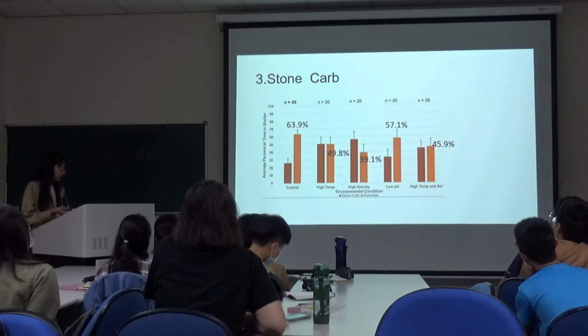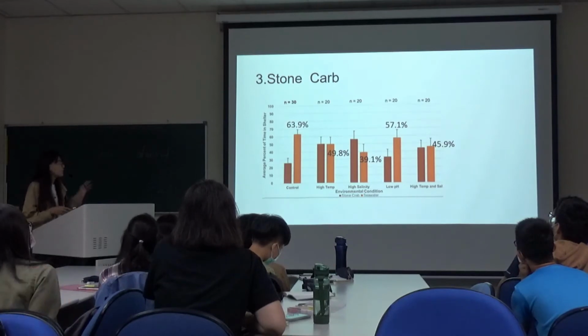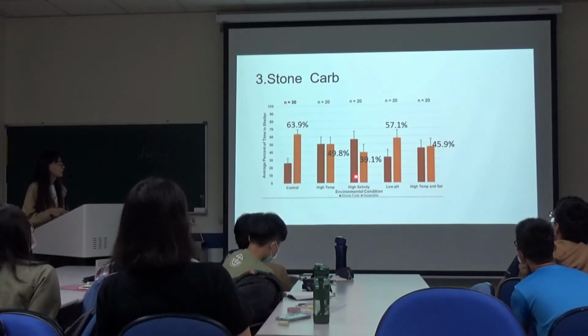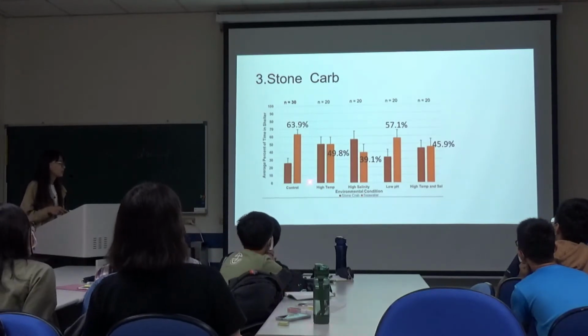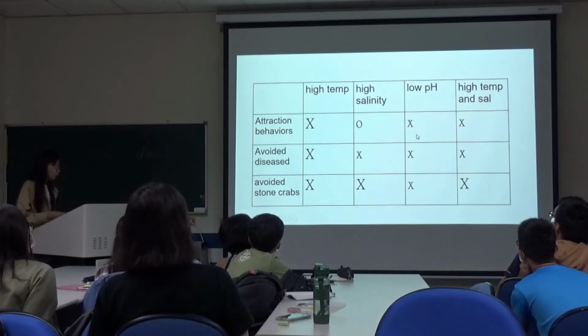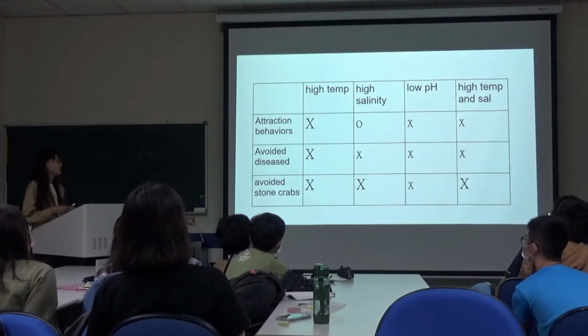The third experiment, stone crab. It was said that compared with the control trial, lobster no longer avoided the stone crab. Instead, it may come close to the stone crab. So we make this scale.